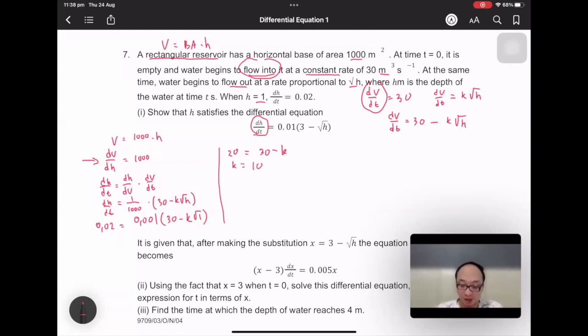That means the equation will be dh/dt equals 0.001 times 30 minus 10 root h, or it can be 0.01 times 3 minus root h. Okay, shown.